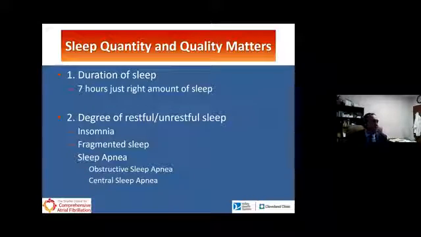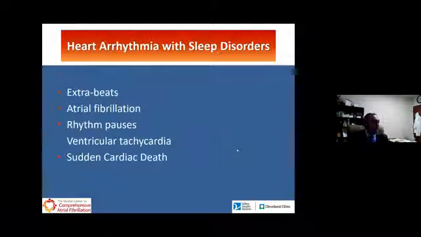What can plague restful sleep are insomnia, fragmented sleep, and of course one of the biggest problems is sleep apnea, which can have two aspects, obstructive sleep apnea and central sleep apnea, that we're going to discuss later on.